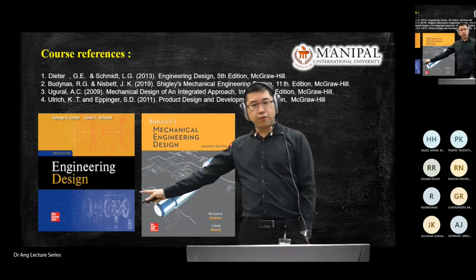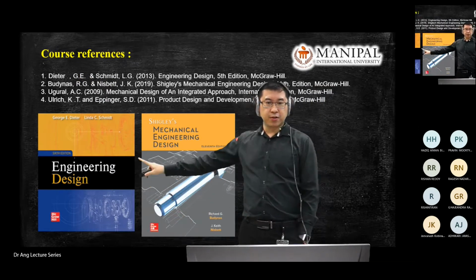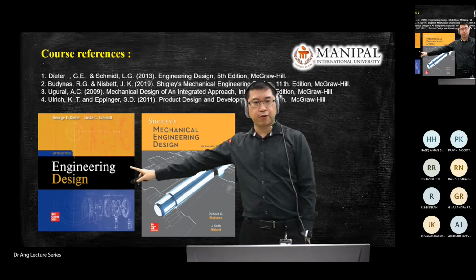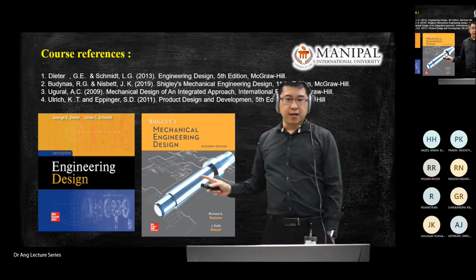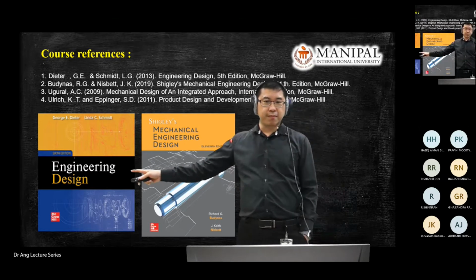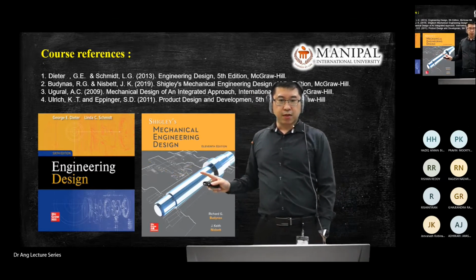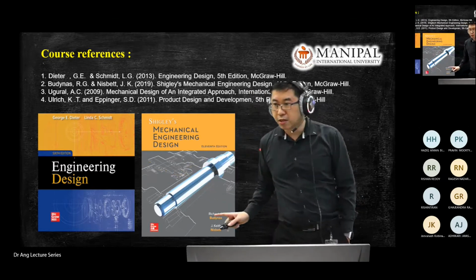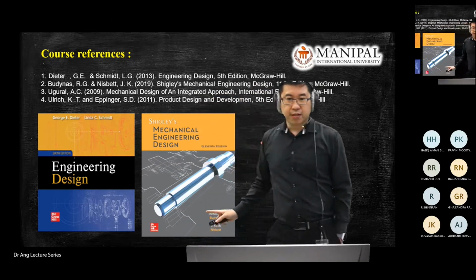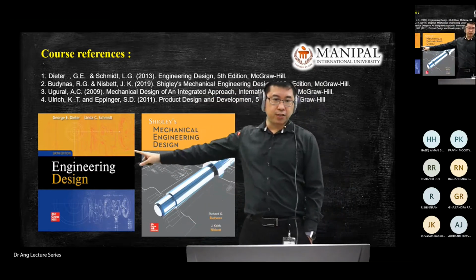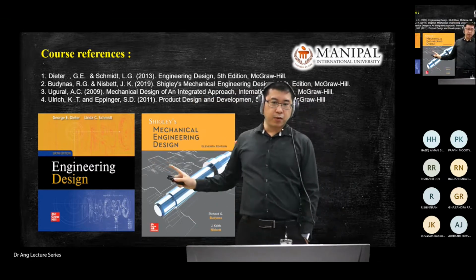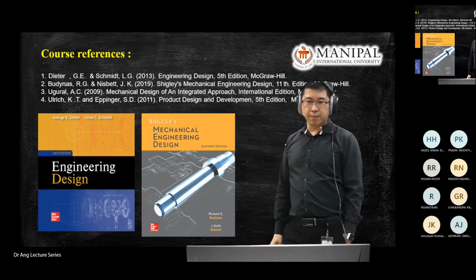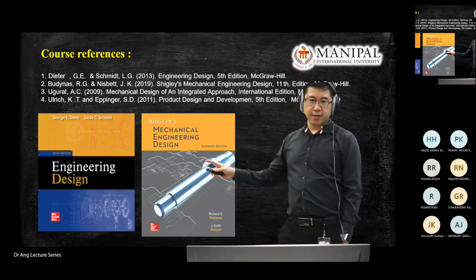You can use the old versions, like the 5th edition, 4th edition or 3rd edition. The old textbooks are still the same, the content is almost the same. This one I think is the 7th edition, this one the 5th edition. Different authors, but we will use the content for the class.